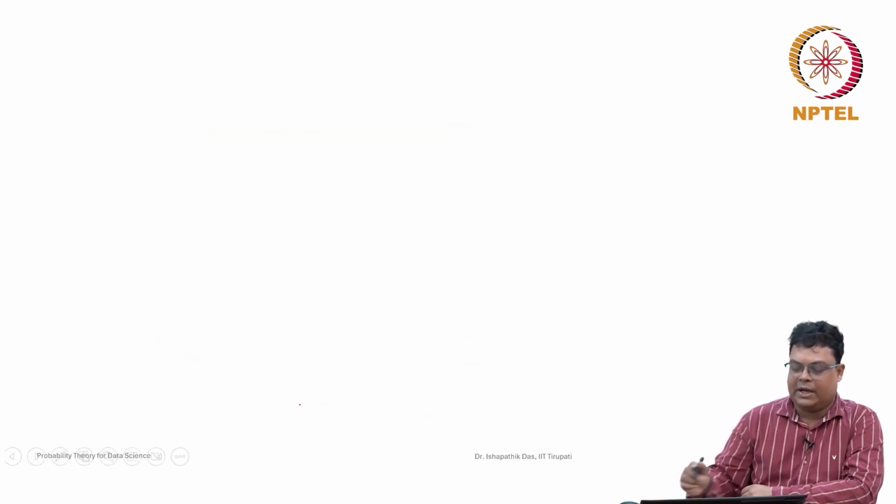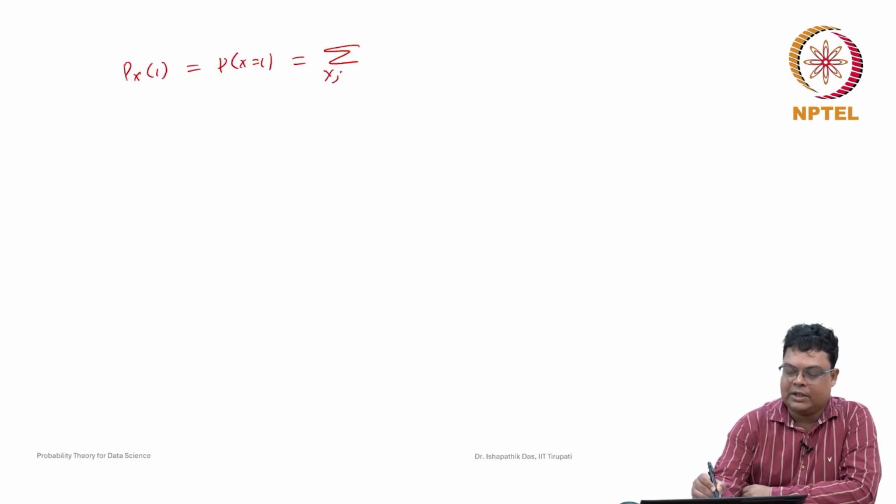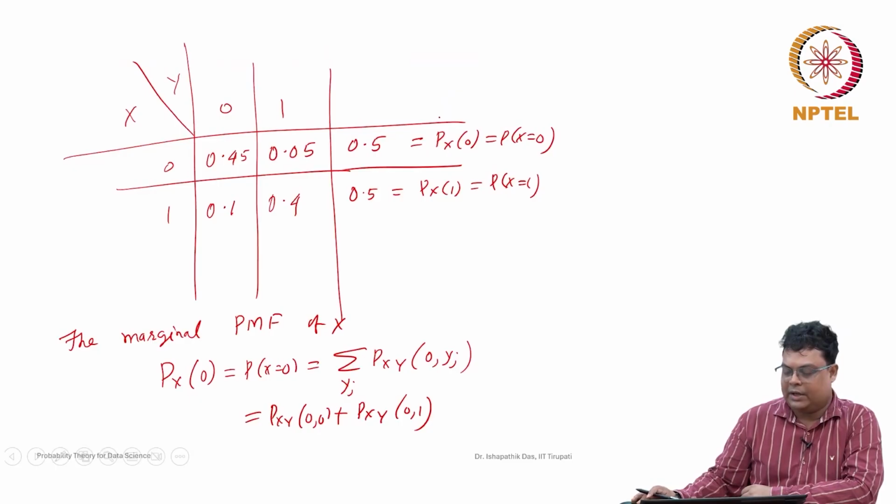Similarly, if you write again, this is P_X of 1, the probability that X is equal to 1. You sum over all the y_j values of the joint probability mass function keeping 1 fixed here. Y_j can take two values, 0 and 1, so P_XY of 1,0 plus P_XY of 1,1. This is nothing but the second row sum.